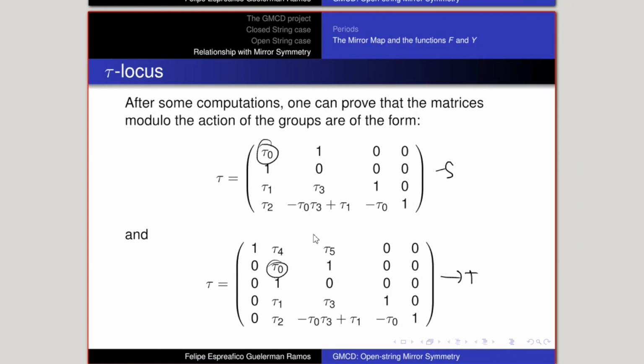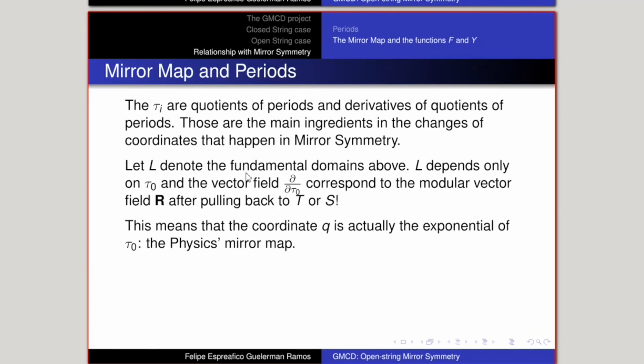And also R will be exactly the derivative with respect to tau 0. So that's what I'm writing here. So the t_i will be quotients of periods and derivatives of this. And if L is the fundamental domains above, L depends only on tau 0. And this vector field will be the vector field R.